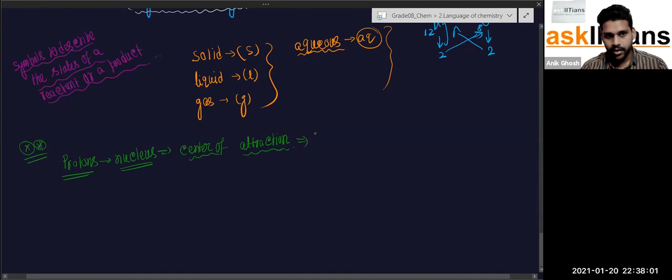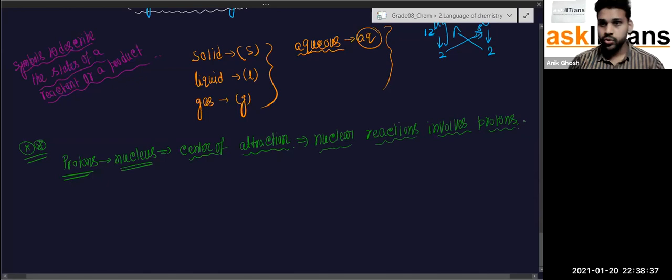Only nuclear reactions involve protons. Okay, only the protons. Fine. That is not what we are learning right now.